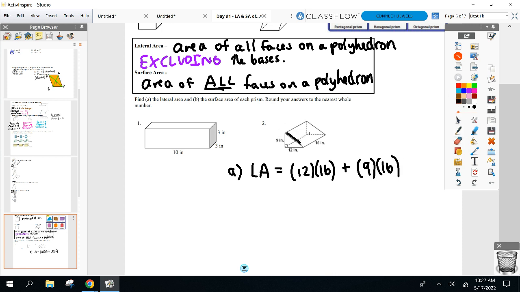What about this one over here on the right? Plus 16 times, that measurement's not there. But we're now into mid-May in this course. How can I find that other measurement? Pythagorean Theorem. All right? 9 squared plus 12 squared equals c squared.